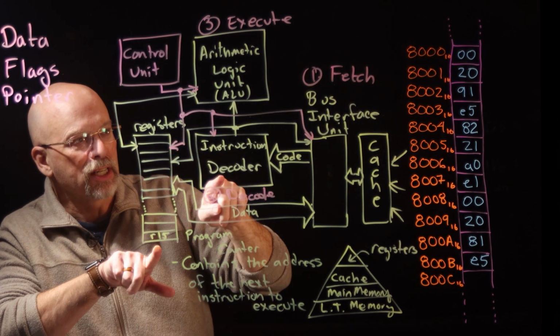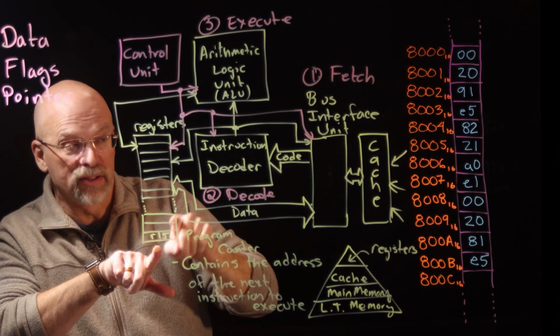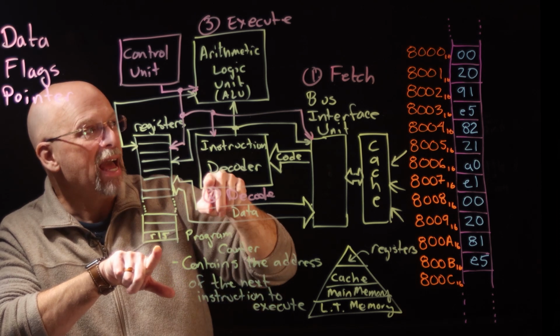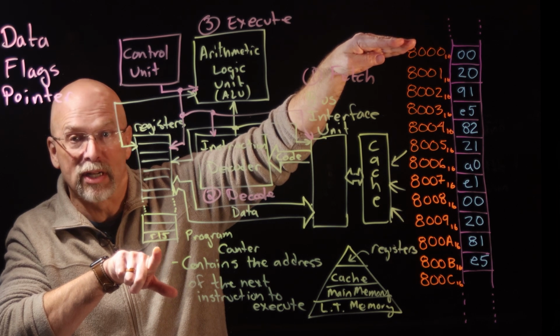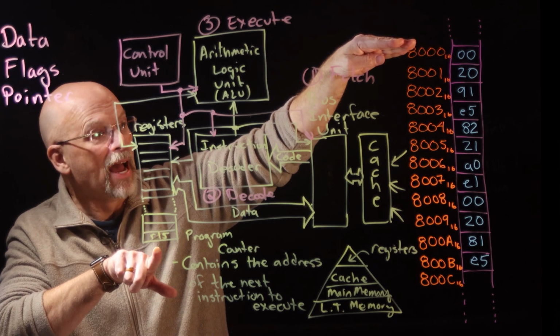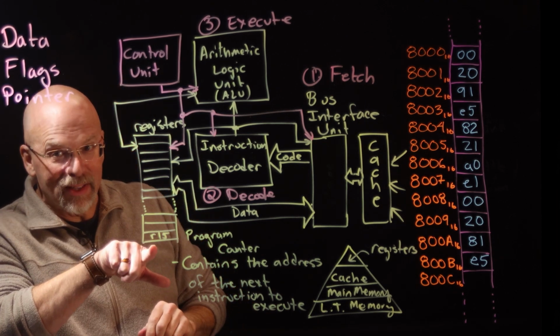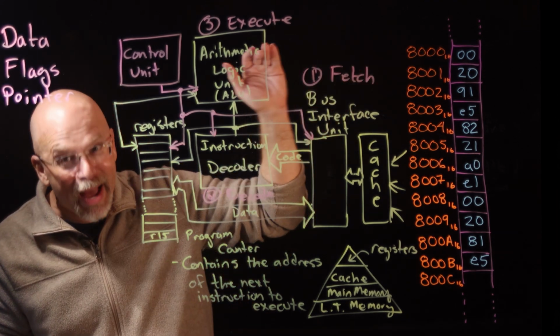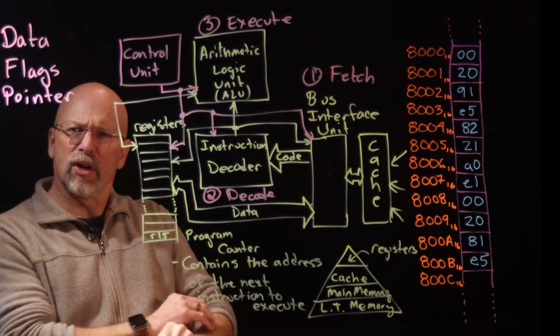Now, the instruction decoder looks at the program counter: 8,000. That's what's contained in it. And so it knows to tell the bus interface unit, go grab the instruction at 8,000. Once it's grabbed the instruction at 8,000, I can't leave this at 8,000, or else we'll keep executing that instruction over and over again. What does the instruction decoder need to do now?